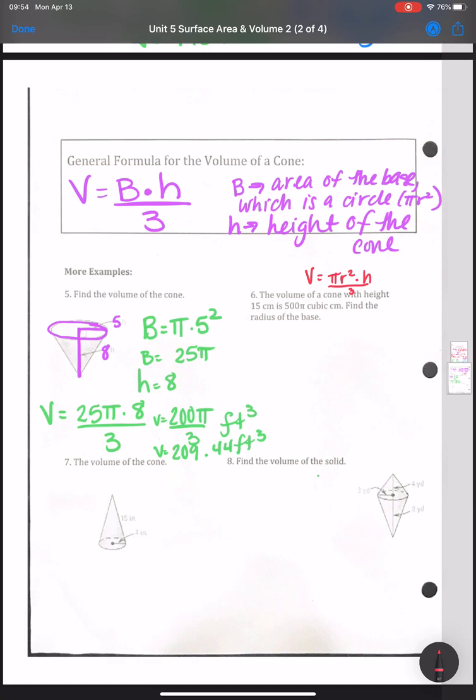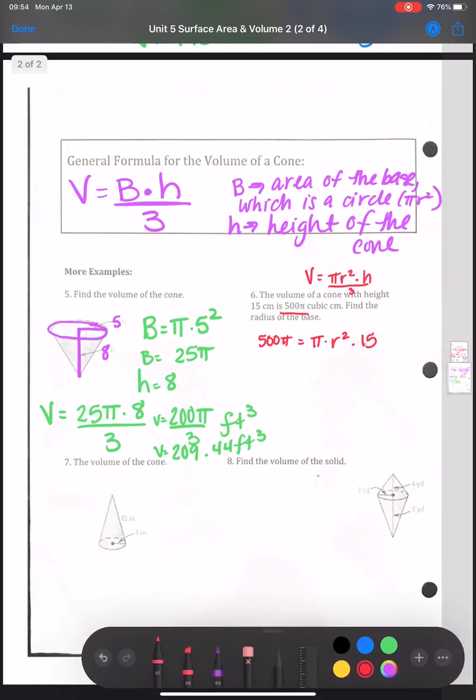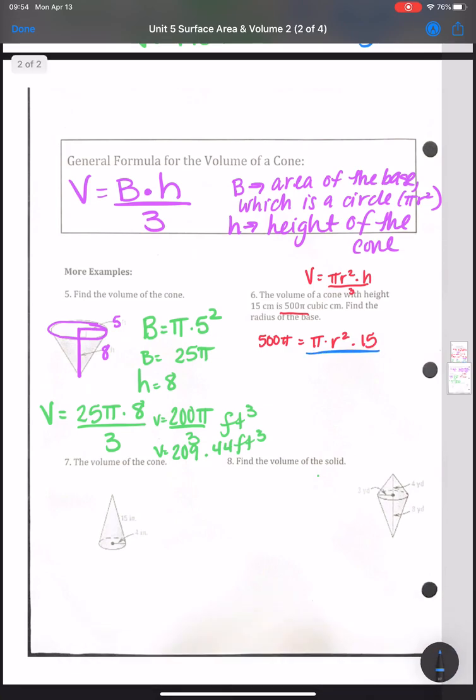They tell us the volume is 500 pi, and that's going to equal pi times r squared times the height, which is 15. Now we want to get r squared by itself, so let's divide both sides by 15 pi. 500 pi divided by 15 pi.